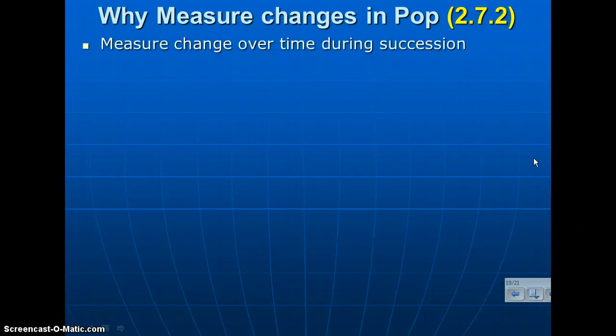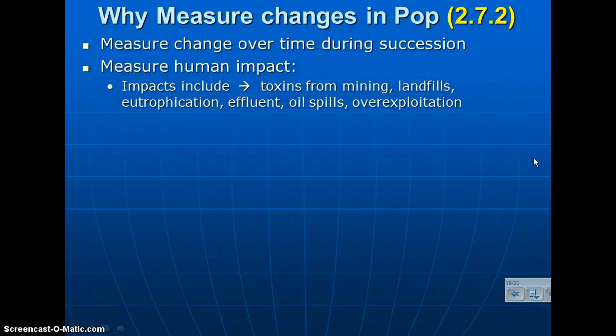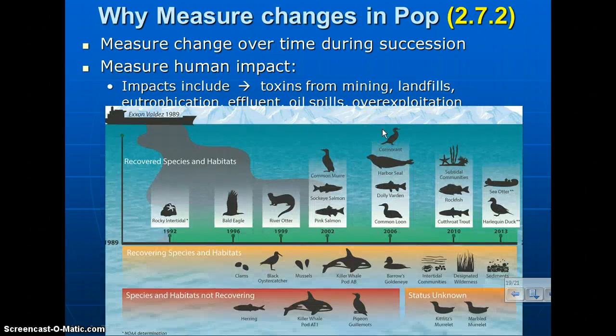So why might we measure our population? Well, we want to see change over time for succession reasons, but we also might want to see the impact of human issues like we just described, so we could try to solve them. So let's say there's a toxin from a mining site or a landfill, or maybe there's an oil spill. For instance, here's an example of the Exxon Valdez oil spill that happened in the late 80s, and scientists wanted to track how the populations of the species in that area, mostly in Alaska, were doing over time, to see if they could help them.